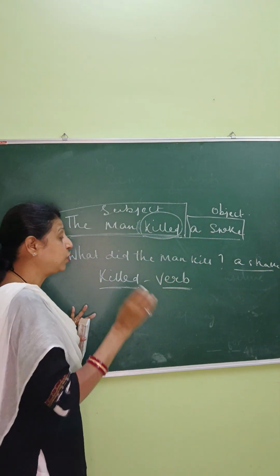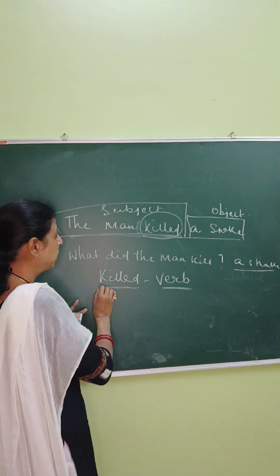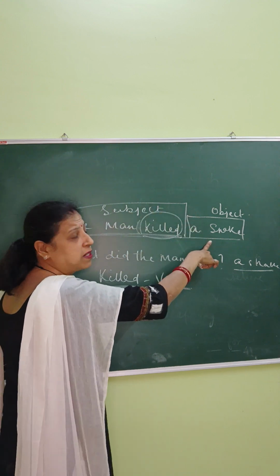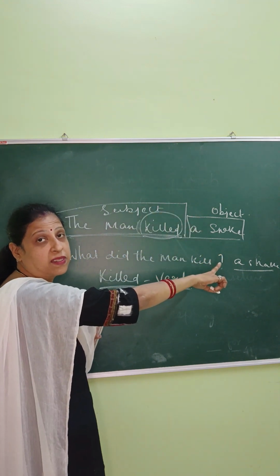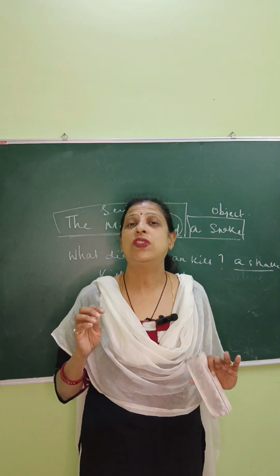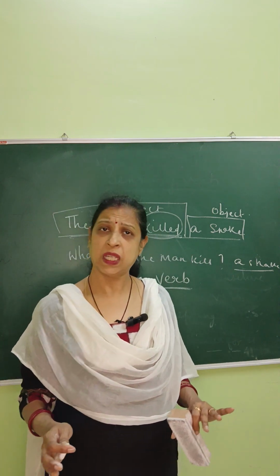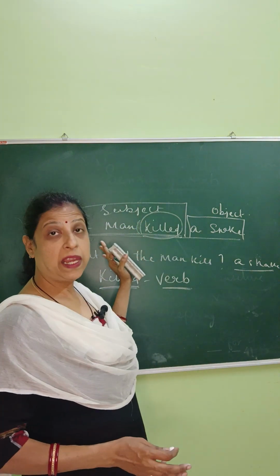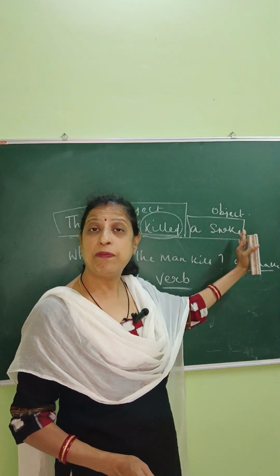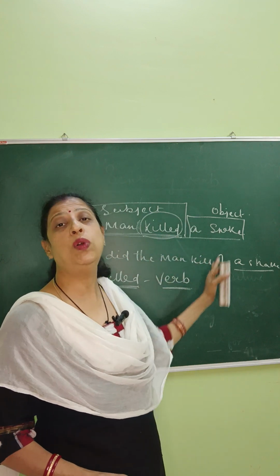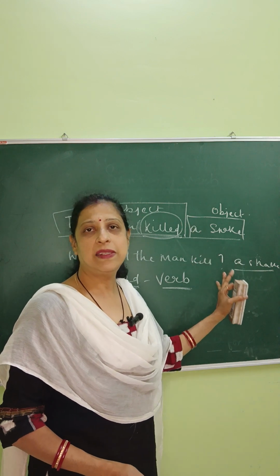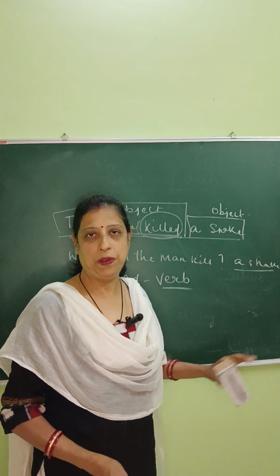So remember one thing: when the verb needs an object to complete the whole sentence, to make a sensible sentence, then it is called a transitive verb.